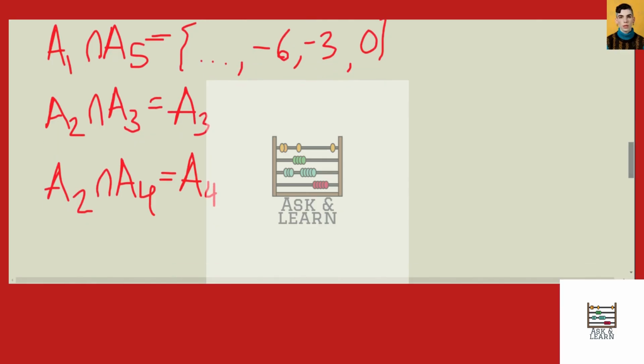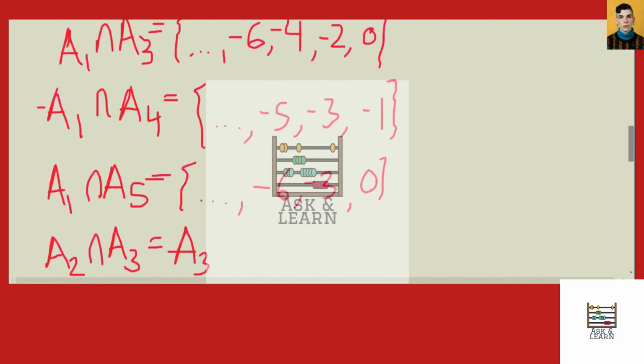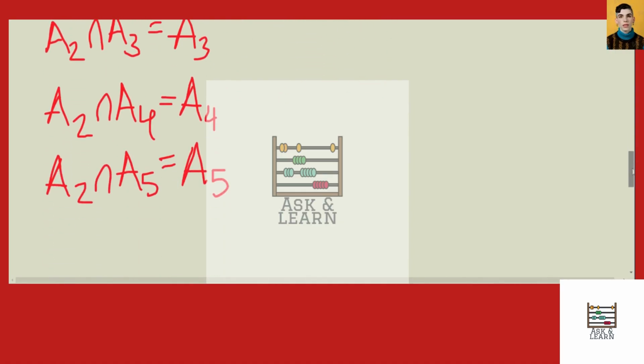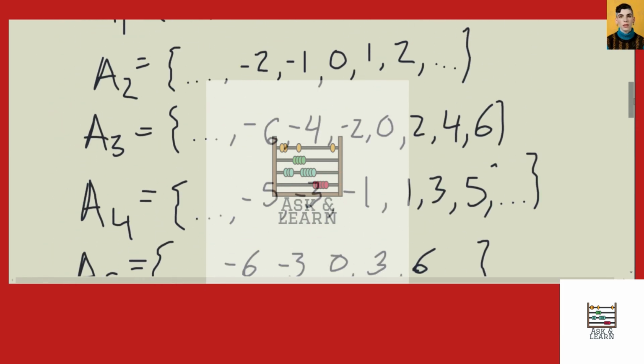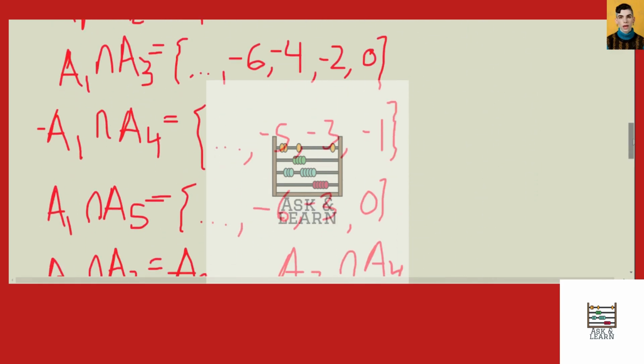And A2 intersect A5. Well, A5 is integers mod 3, so this is just going to be A5 again. And we have that A3 intersect A4. This is the even integers intersect with the odd integers, which is the empty set.